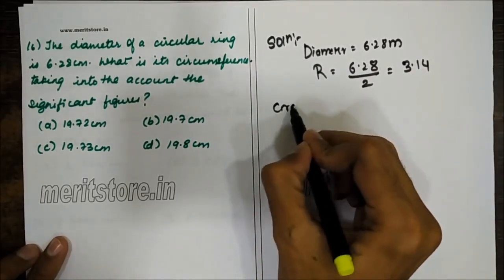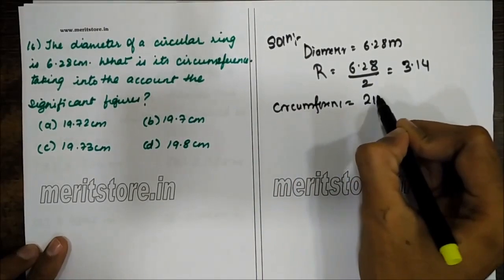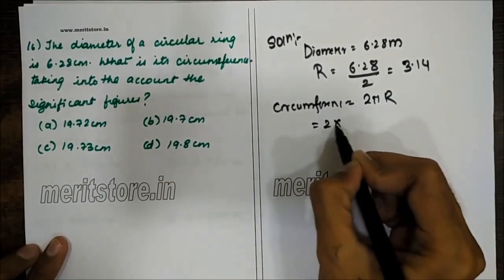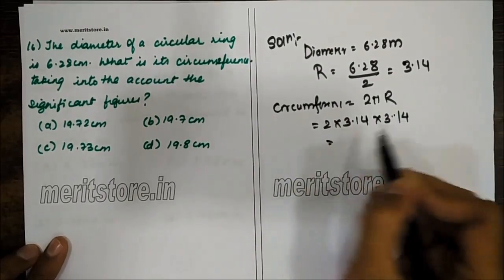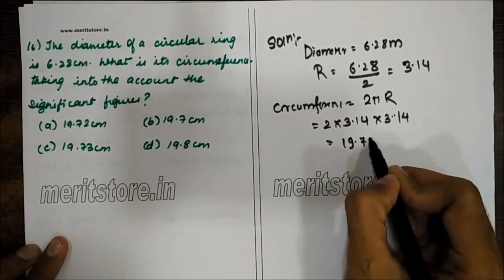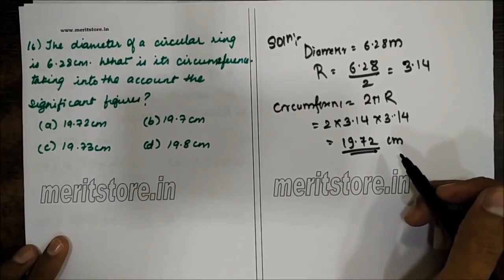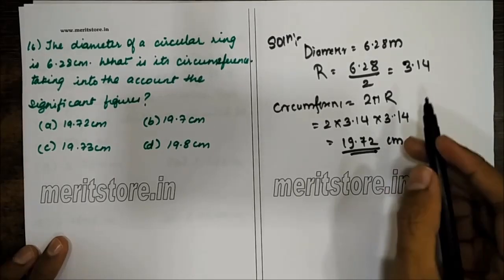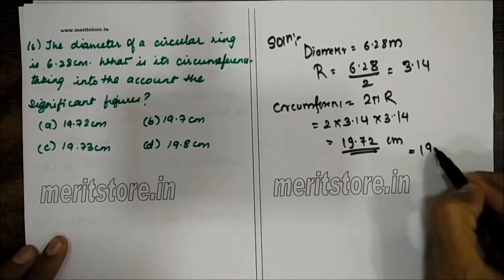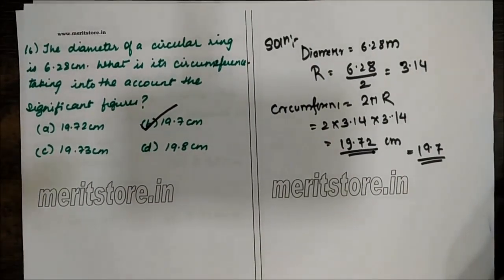And we need to find the circumference, which is equal to 2 pi r, that will be 2 multiplied by 3.14 multiplied by 3.14, that gives you 19.72. Okay, there are three significant figures in the radius, so we can have the final answer to be 19.7. So 19.7 is the final answer.